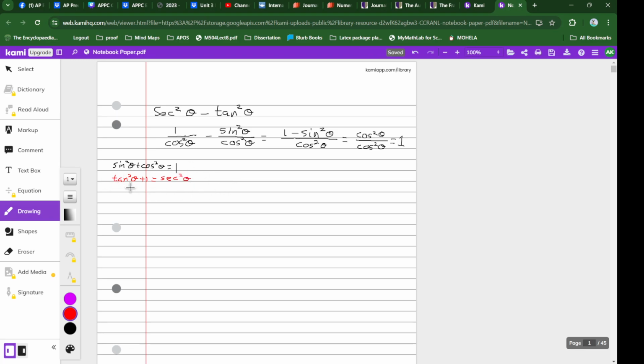Since this is true, 1 equals secant squared theta minus tangent squared theta, which means we can just say this is 1.